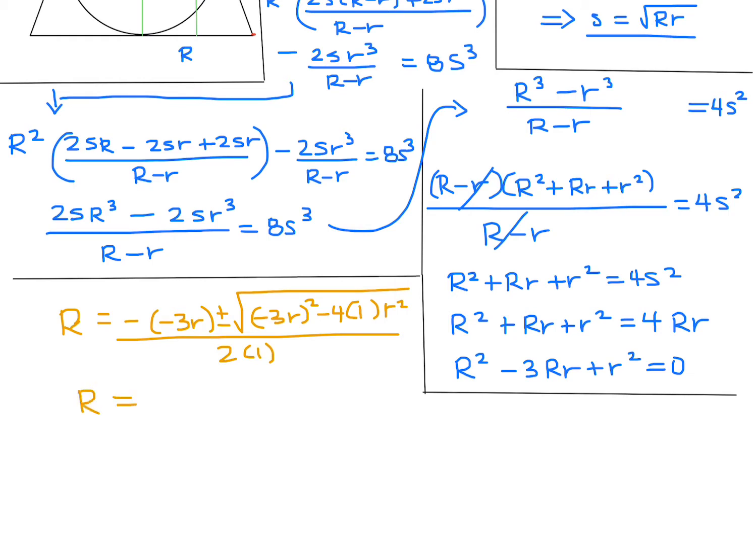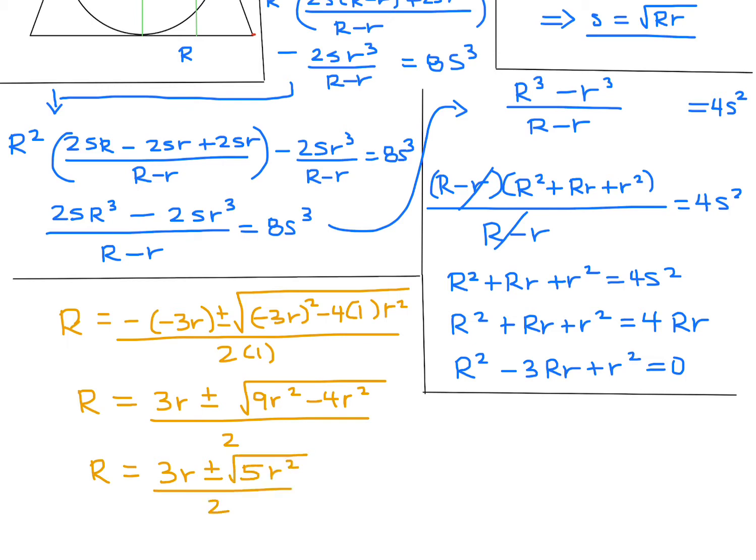Well, that means this is going to be 3r plus or minus the square root of 9r squared minus 4r squared over 2. So R is 3r plus or minus, that looks like root 5r squared, like that, over 2.